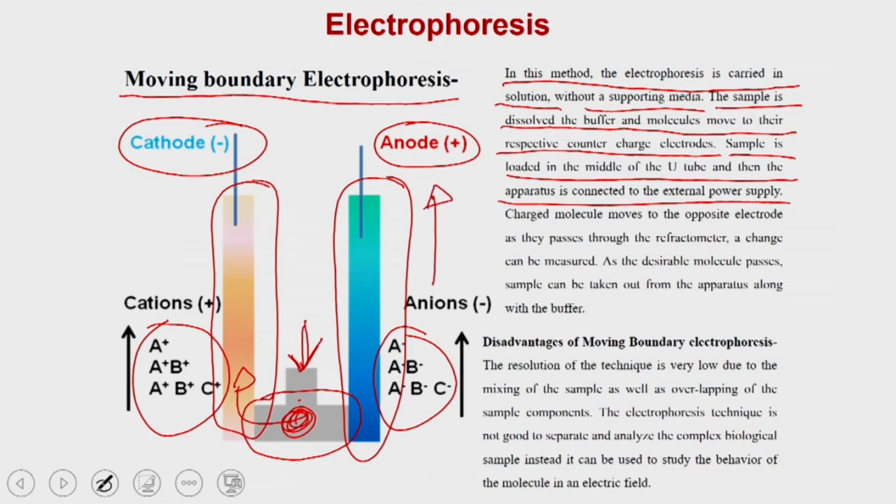How can you monitor the movement of these molecules? You can monitor it simply by a refractometer. You can put a refractometer on both sides of the U tube, and as soon as a molecule passes through the refractometer, it changes the refractive index of the liquid present in the tube, and that is how you know that a particular molecule is coming out.